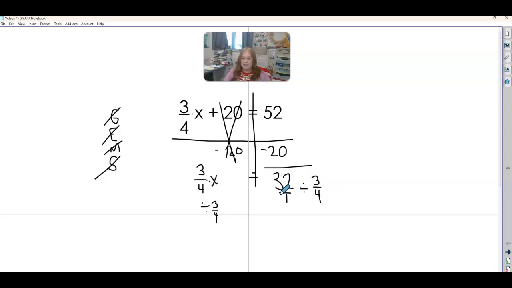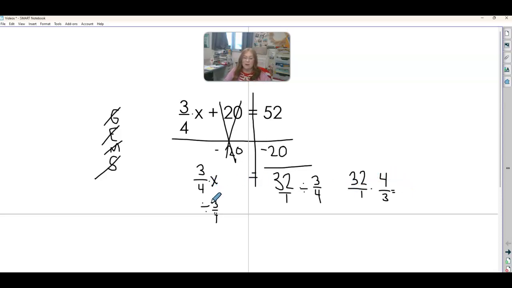I cannot nicely use friendly numbers to divide this, so it's going to be easier to use that multiplicative inverse. We want to copy, dot, flip to solve this problem here. So we're going to do 32 times 4 and then divide that by 3. And I know you can do that math, so I'm not going to do that.